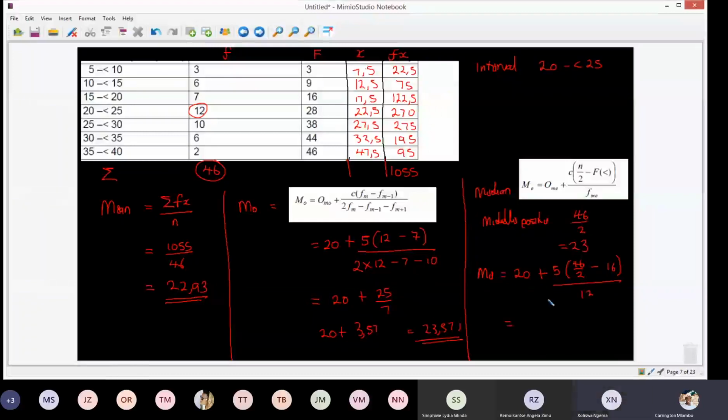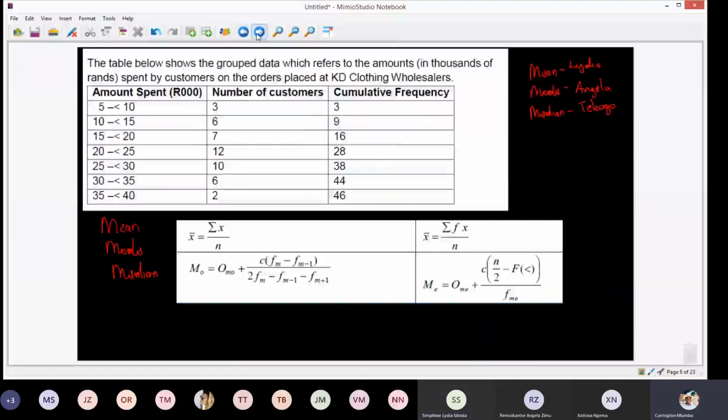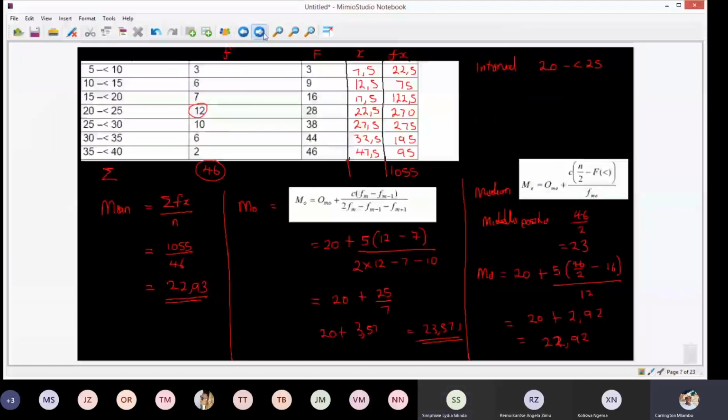Right. Any questions on this? Because I want to give you the questions. I don't want it to be too much. So what I'm going to do, I'm going to upload the questions. Just go and calculate the mean, the mode, and the median.